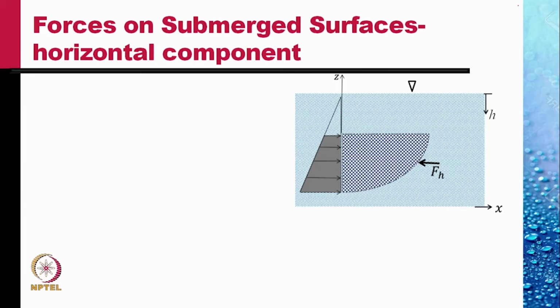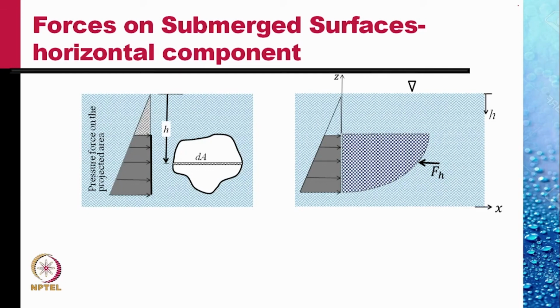This surface is flat. So by the relation that we derived for the horizontal force on a flat vertical surface, this force is equal to the pressure at the centroid of this plate times the area of this vertical flat plate.